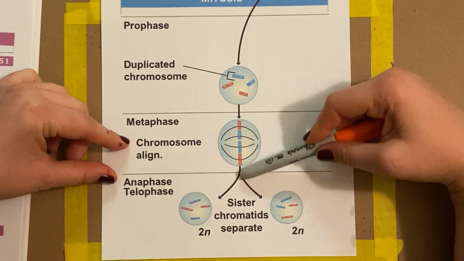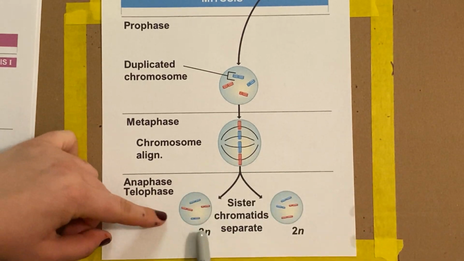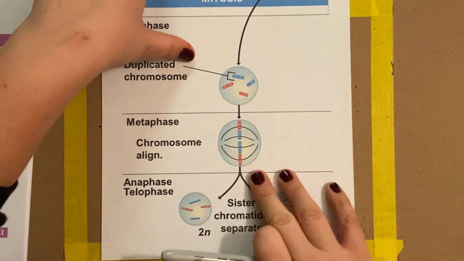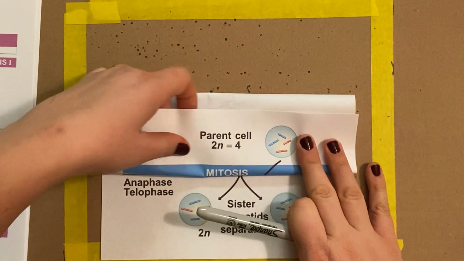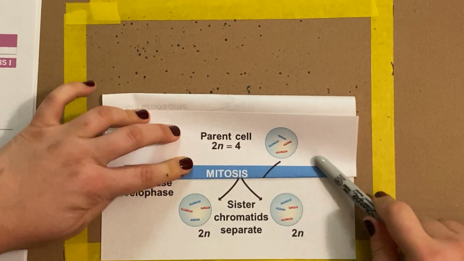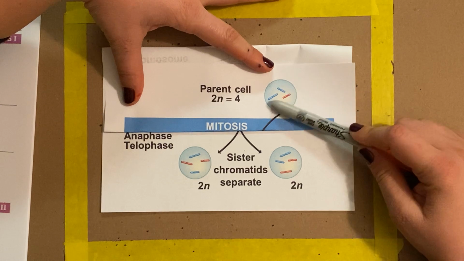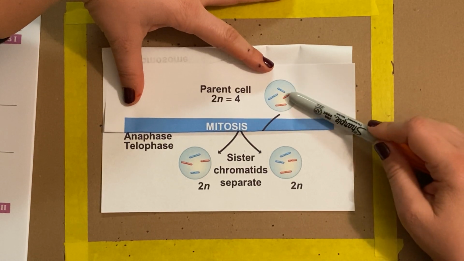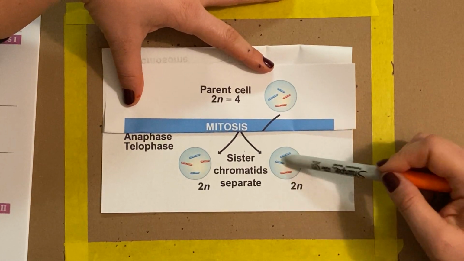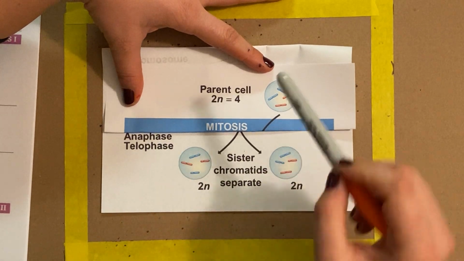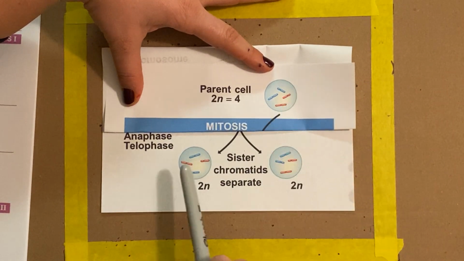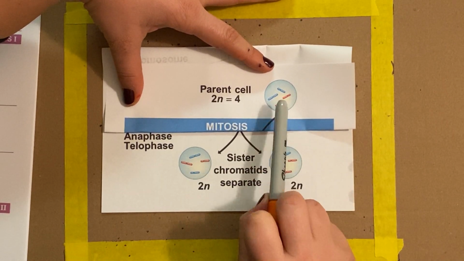They're going to line up in the middle and they're going to separate, and you're going to end up with identical cells. So if you look at what you started with and what you end with, they are identical. Okay, so you have big blue, little red, big red, and you're going to have them here. So in mitosis, you start with one thing and you're going to end up with 2 identical versions of that.